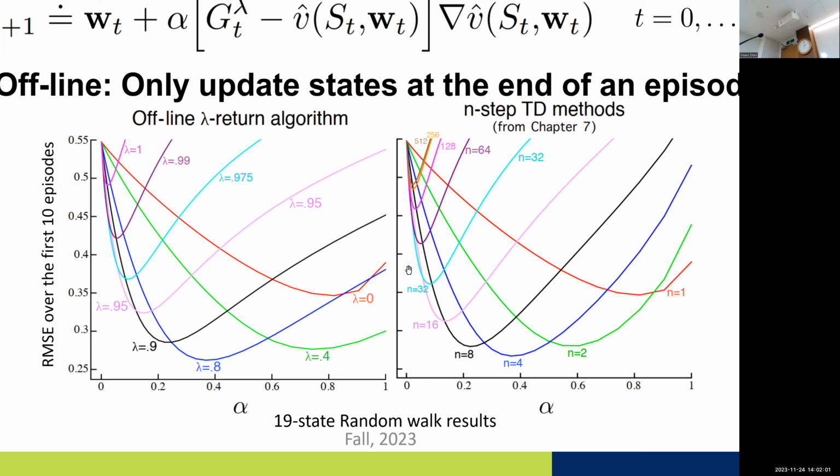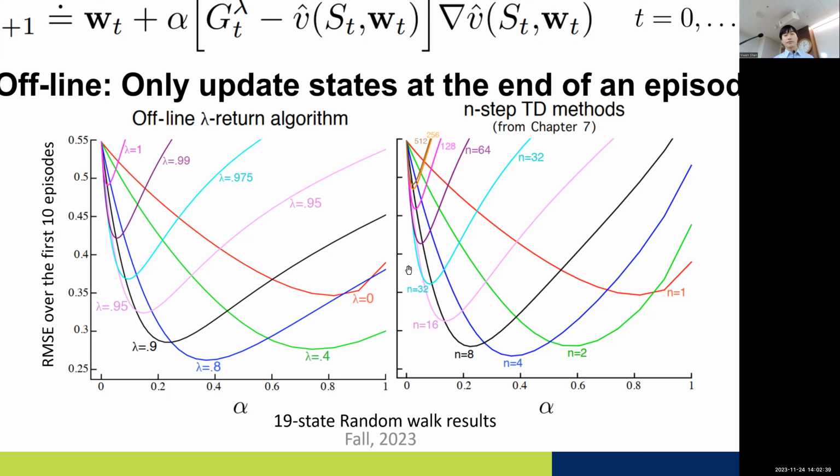Because we are using offline lambda return, the n is random, depends on your simulation. You can either jump left or right until it jumps to the terminal state. It can be 100, 200, 300. So n is random. There's no fixed n here. But all these shapes will utilize all those random n to calculate the performance.